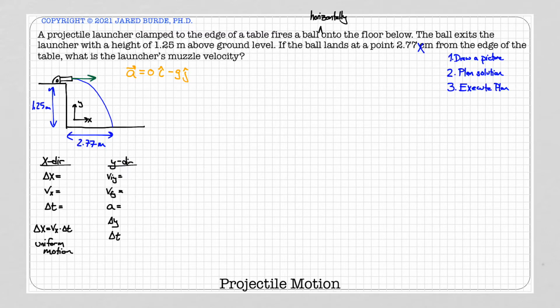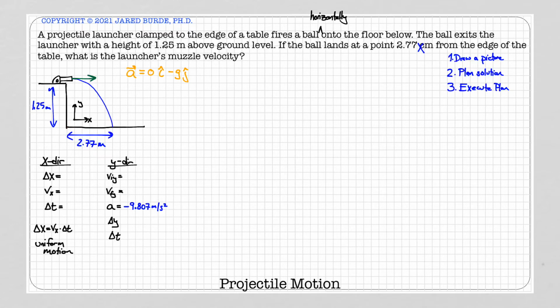So we can start looking at what we've been given. We're told that the object is in projectile motion. The acceleration is only due to gravity, and so we can assume the value of g. Make sure that you're using the correct unit system if you have metric or the American system. We're also told that as the projectile travels from the launcher to its landing site, it moves the height of the launcher downwards as it goes from the tabletop down to the ground, and then it moves along the ground.